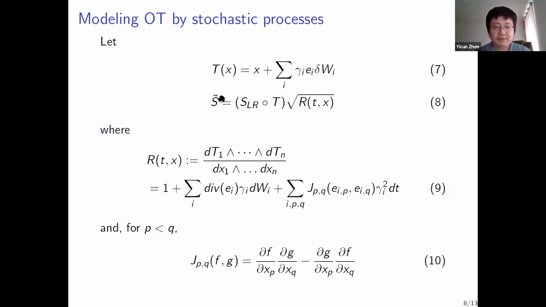And then we change the low resolution forecast in this way in equation 8. We compose the low resolution state with this perturbation of points, times the square root of the R quantity. This R quantity is a volume expansion rate. It is computed like this, and it corresponds to the Jacobian of the transport T in the optimal transport theory.